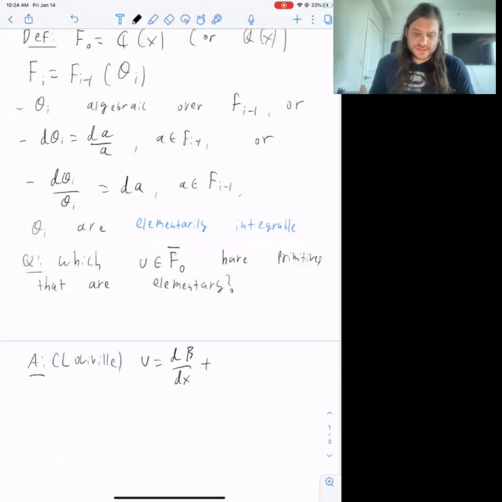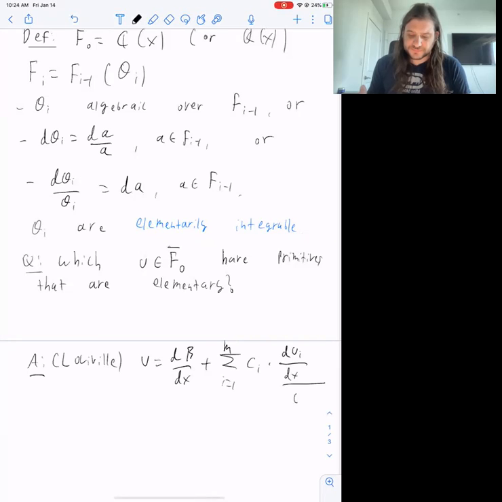And something else you can do is you can add essentially logarithms of things. So if u is a sum of things of the form dui by dx divided by ui, then you can just integrate this function here to log of ui.